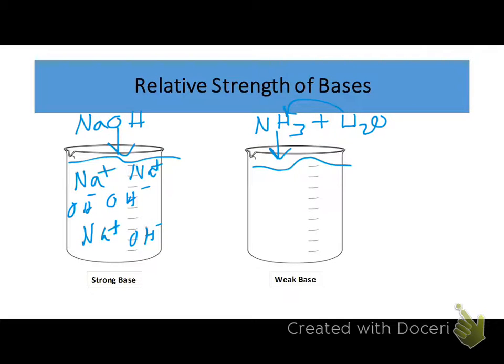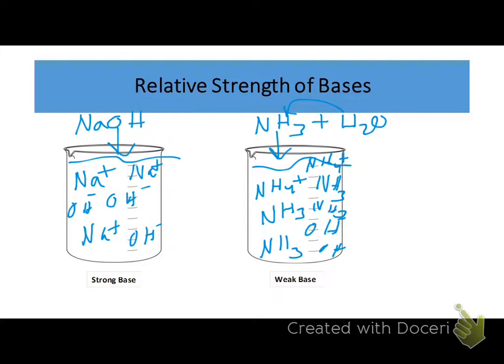And so you're going to form some NH4 pluses and OH minuses in solution. But most of it is going to stay as ammonia because it's a weak base. It doesn't accept H pluses very well.